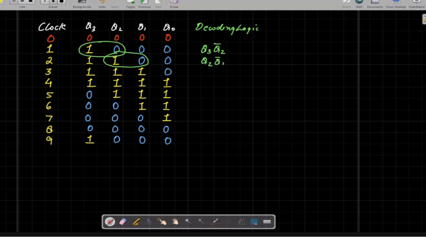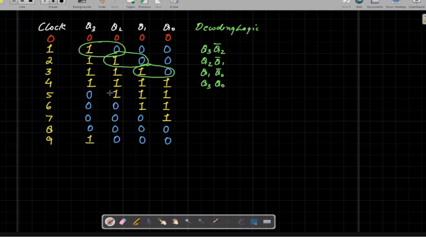and Q1 bar. Similarly, the next, like this is your Q1, Q0 bar. Okay, then for this fourth clock, you have to write the first and the last, so this will be called Q3 and Q0.